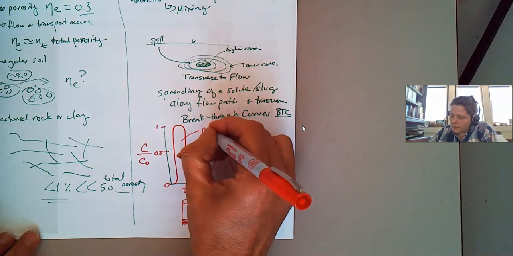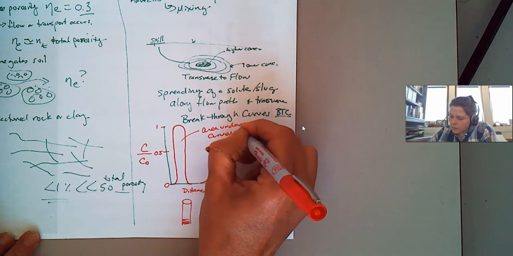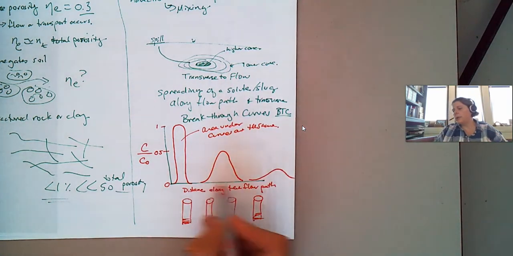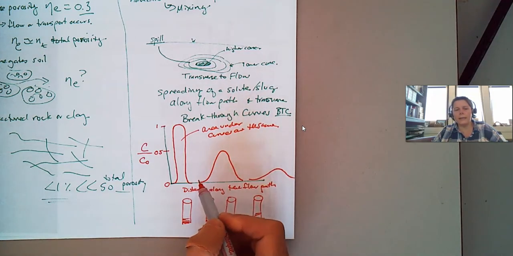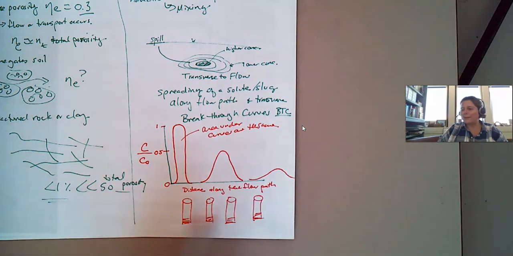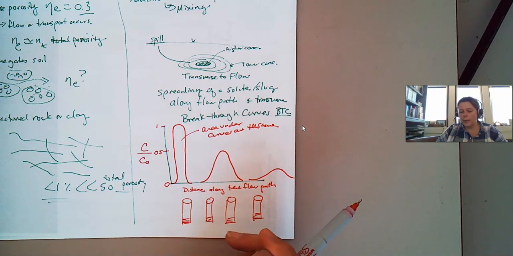My drawings are not perfect, so that's why I'm writing down these assumptions: the area under this curve is the same as the area under this curve.